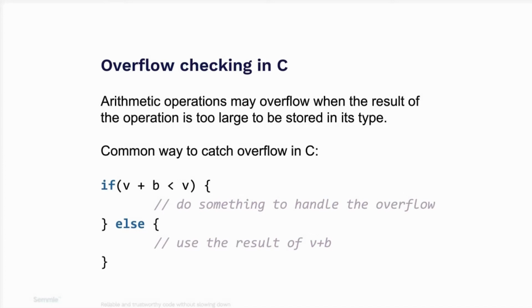And so if, for example, v and b are unsigned chars, so they're 8-bit numbers, then the calculation here will actually be done in 32 bits, and it won't overflow. And so this overflow check will actually fail.